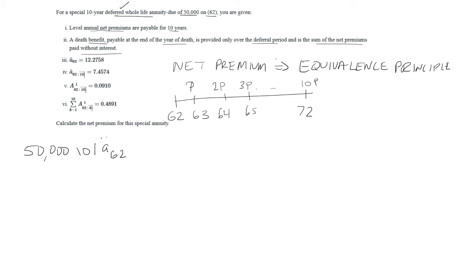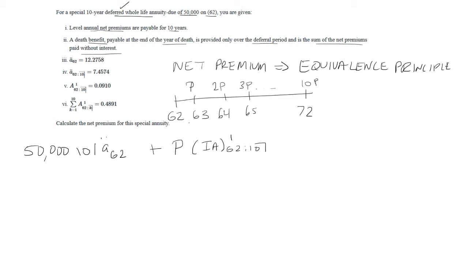But that is, of course, if we die. So it's not a guarantee that we're going to die then. So that's when we're going to have capital IA starting at age 62 going for 10 years. And then we want to put the 1 over the 62 because it has to die within that 10-year period.